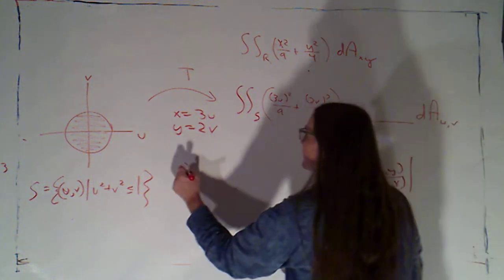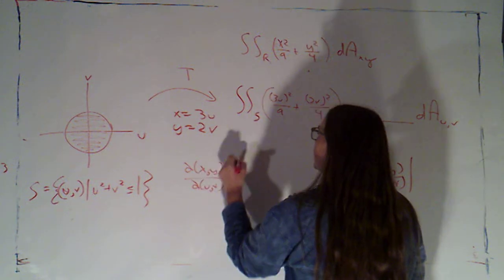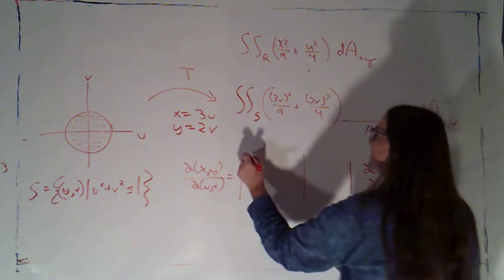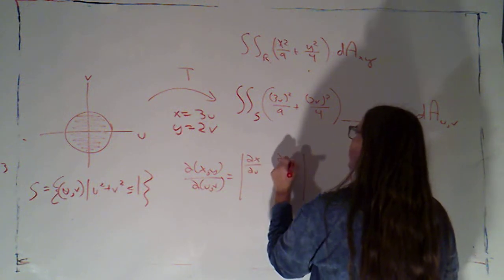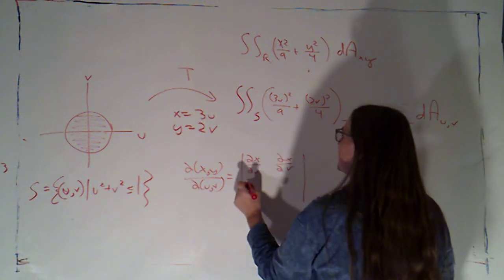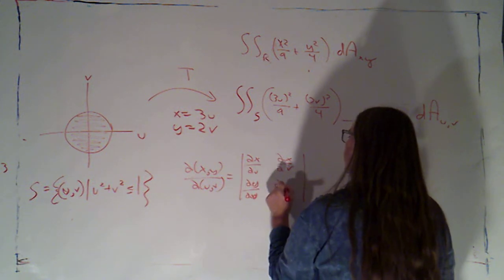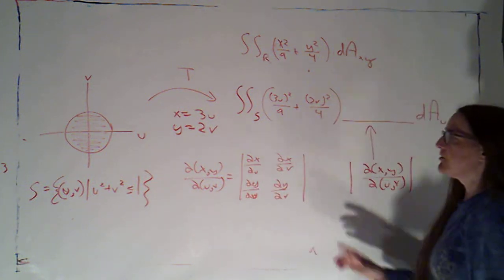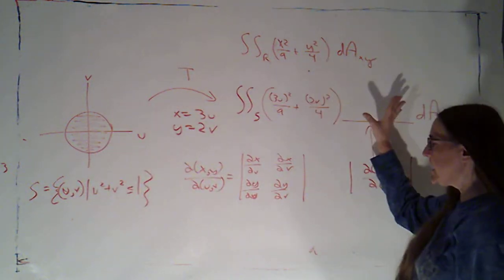So let's calculate our Jacobian. That's going to be the determinant of the partial of x with respect to u, partial of x with respect to v, partial of y with respect to u, partial of y with respect to v. Remember, the transformation takes us from uv to xy.